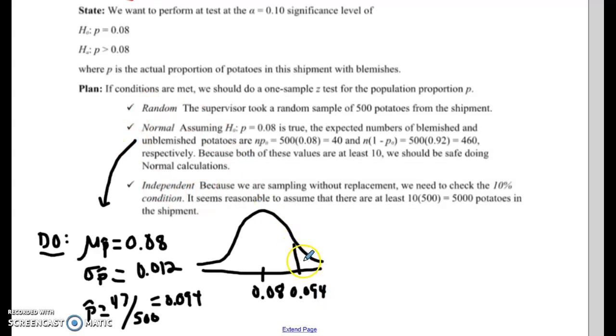And our alternative was greater. So we're interested, is the proportion greater? Based on this sample, how likely is it to get this shaded area? That's an easy calculation to find. I just do a norm CDF. My lower bound is going to be 0.094, my upper bound is infinity, the mean is 0.08, and the standard deviation is the 0.012 that we calculated.